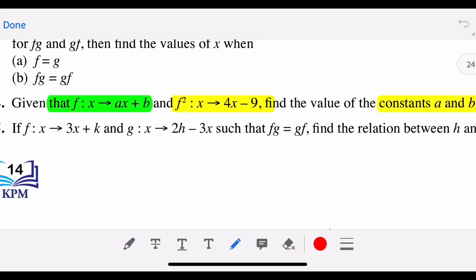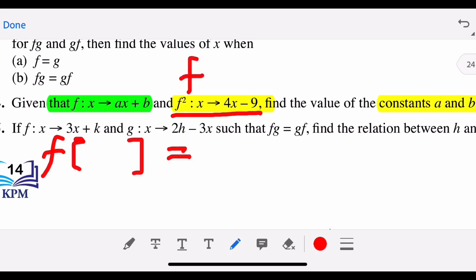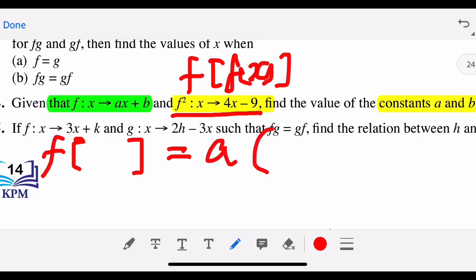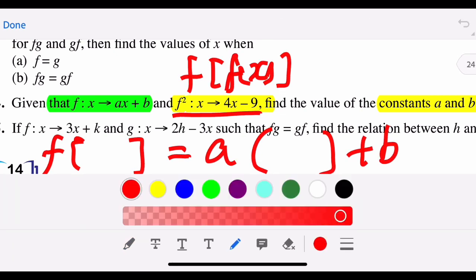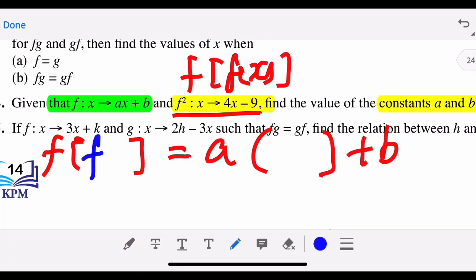You're given the composite function, so you have to derive the composite function first. f(f(x)) means f of f. So we copy the function f, but the x will remain empty, and we are going to plug in the object as f(x).